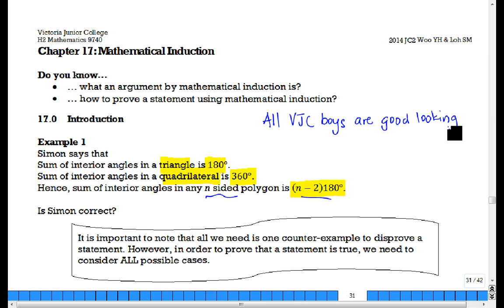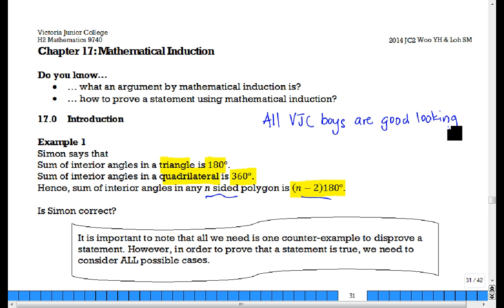How do you prove that this statement is true? You must find all the JC boys. Of course, we must have some criteria, okay? We must find all the boys, line them up, and then prove that each one of them is good. Every one of them, every one of them.